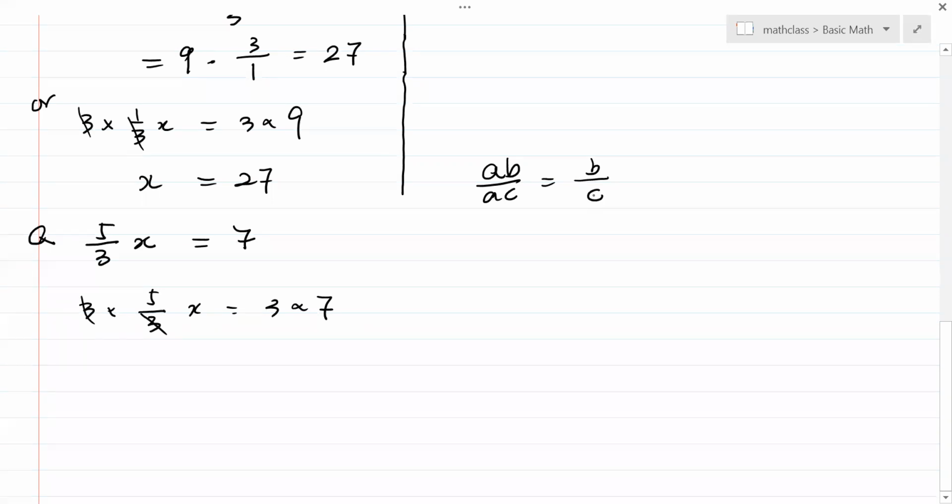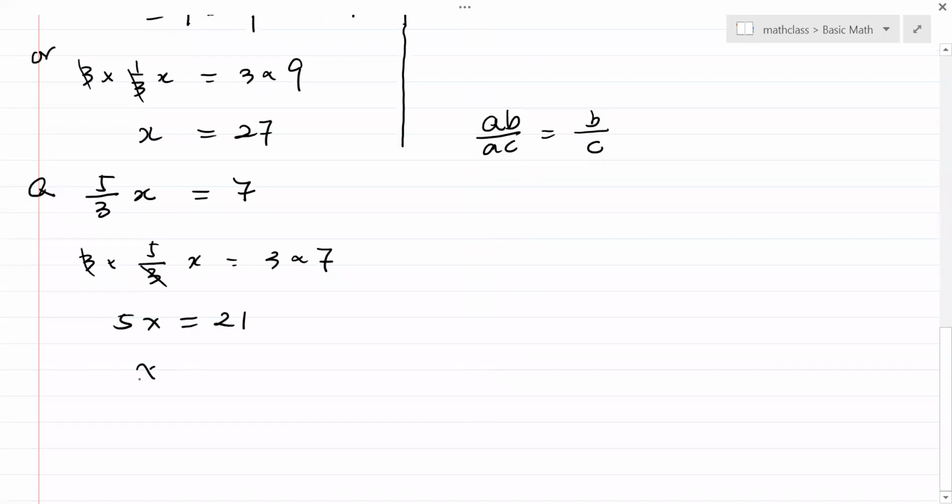That's all. You cannot cancel a if they do not have a common factor. If numerator and denominator do not have a common factor, you cannot simplify. So now you get 5x equals 21. The next step is to divide both sides by 5, so it's 21 over 5. And that is a good answer.